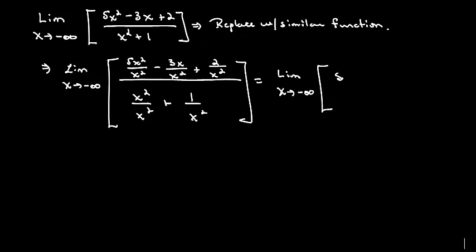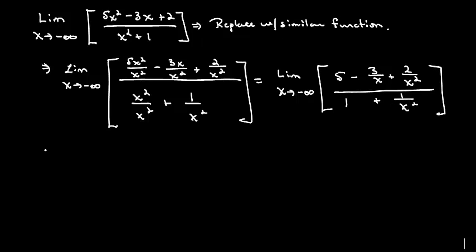Now notice we're approaching negative infinity, so we have to be a little bit careful there. It's not going to pose a problem here, because whether we approach negative infinity or positive infinity, those pieces that are divided by x go to 0.